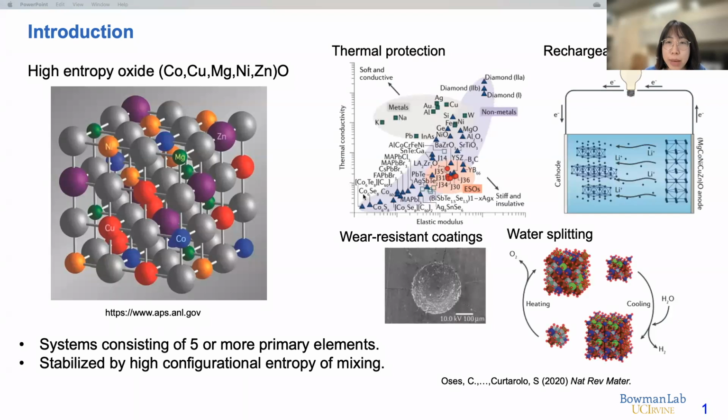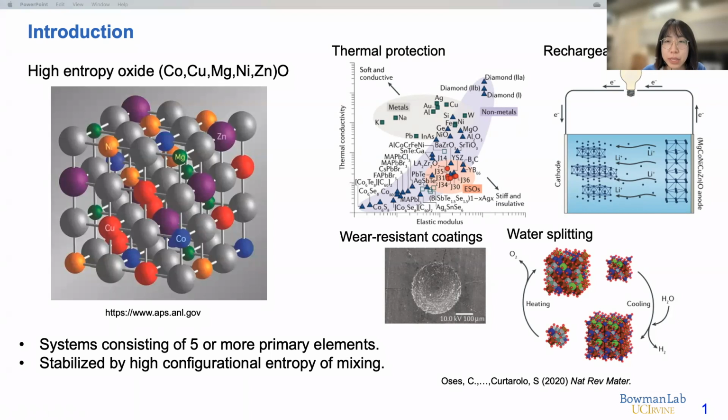Due to all these benefits, over the past few years, the promise of high entropy oxide as thermal insulators, cathodes or anodes for lithium-ion batteries, wear-resistant coatings, water-splitting materials, as well as catalyst carriers has been extensively explored.